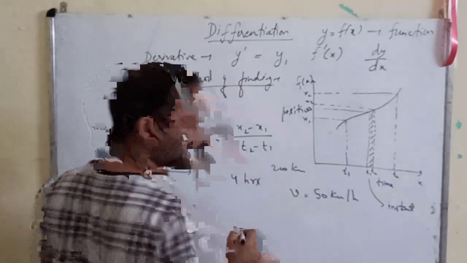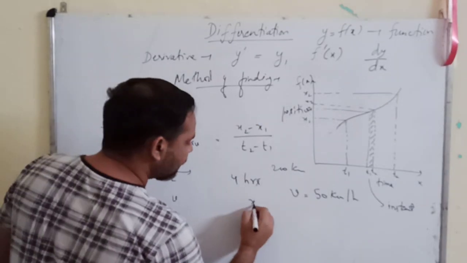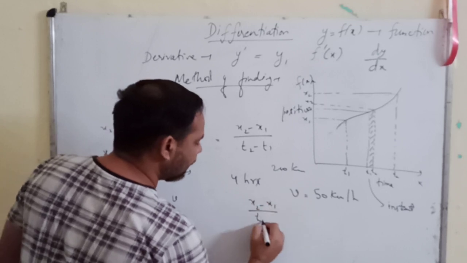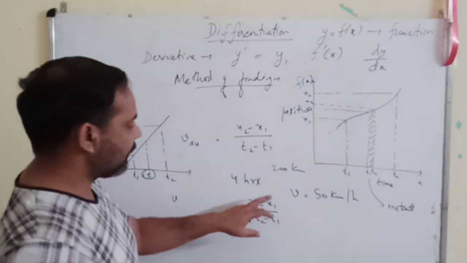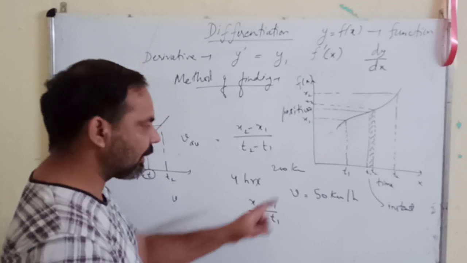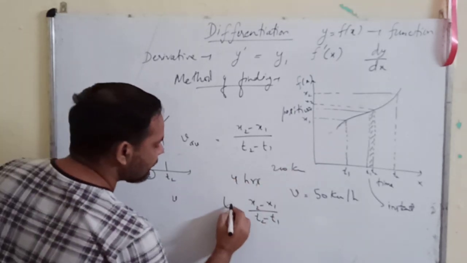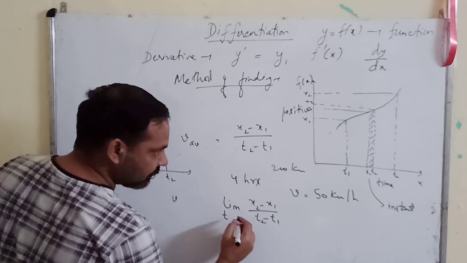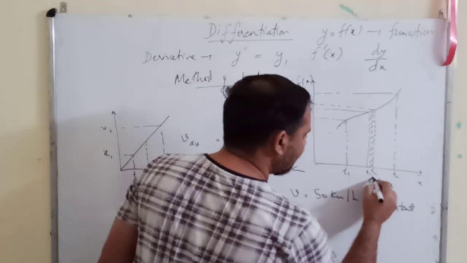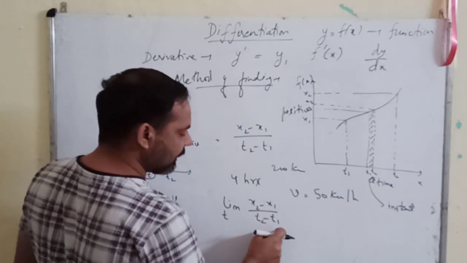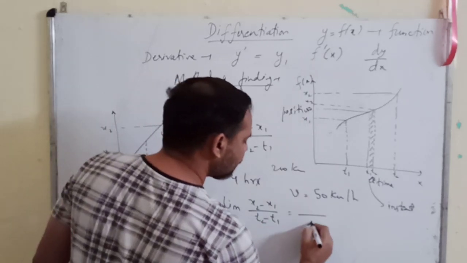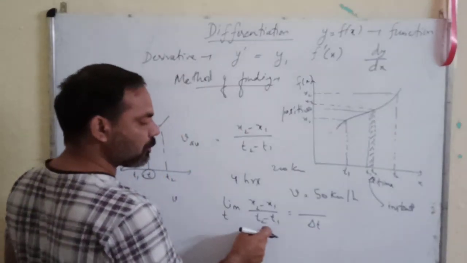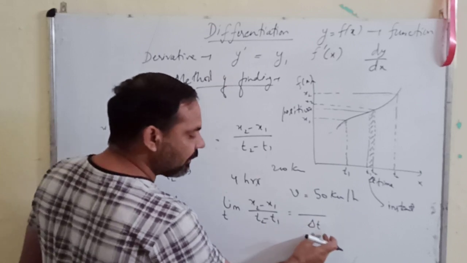So again, (x2 minus x1) upon (t2 minus t1) remains your velocity, but now you have applied a limiting condition. Suppose t2 minus t1 is delta t. Delta refers to change, the change in t.